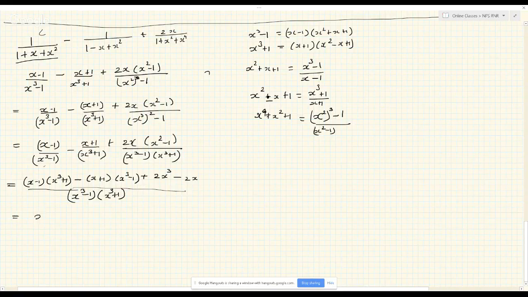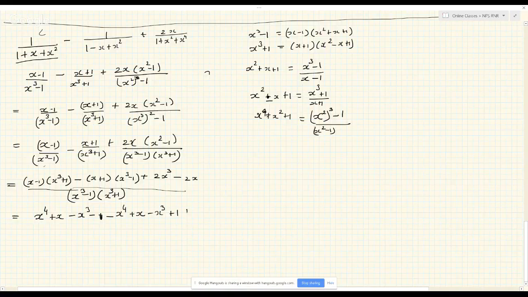If you open it up, it will be x to the power 4 plus x minus x cube minus 1. Then this will be simply minus x to the power 4, then x into minus 1 is minus x, then multiplied by minus 1 is plus x, then 1 into x cube will be minus x cube, and minus 1 is plus 1.